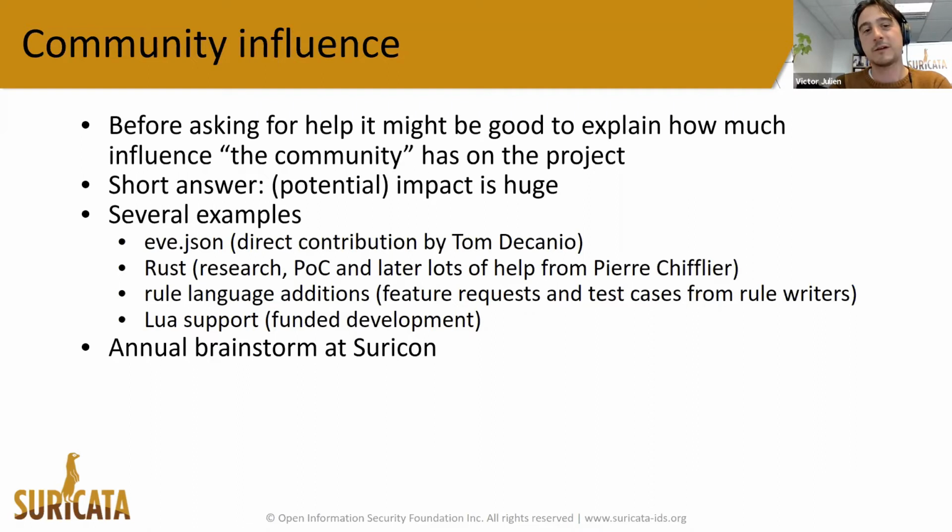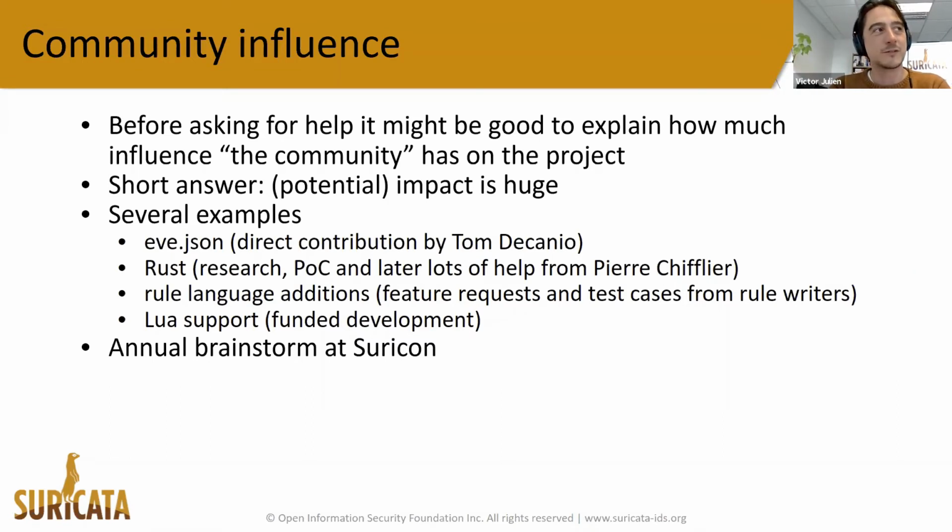I've been talking a bit about EVE already, and it may almost sound like it's my own invention, but it's not. It's the invention of a contributor, Tom DeCanio, who about, is it 5 years or so ago, maybe a bit more, came to us at a conference and said, I have this nice little thing called JSON output. Do you think it's interesting?